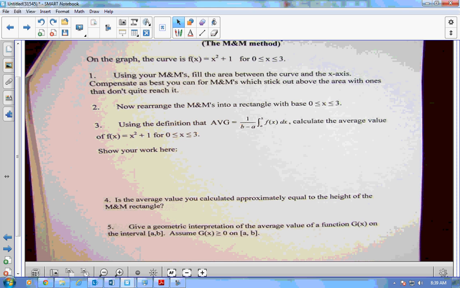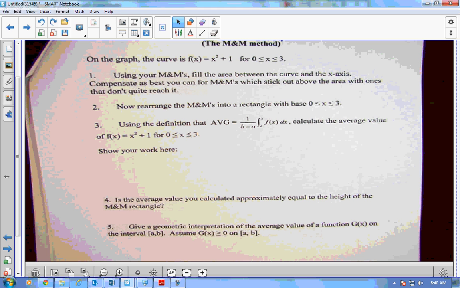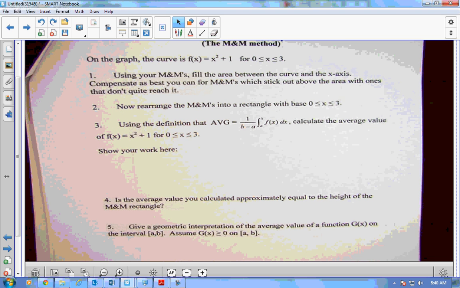You've integrated, you found the area under the curve from 0 to 3. Now you're rearranging it into this rectangle. It's also 0 to 3. What do you think the average value of the function is?